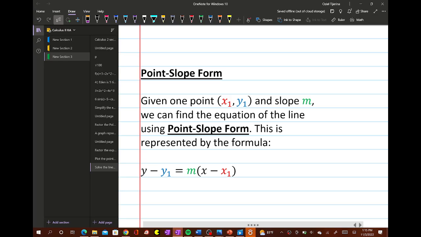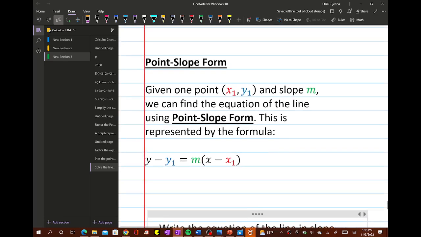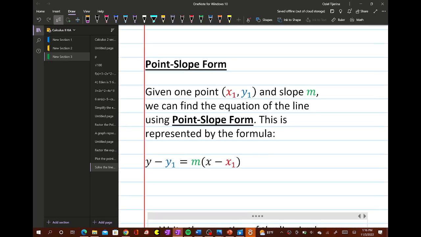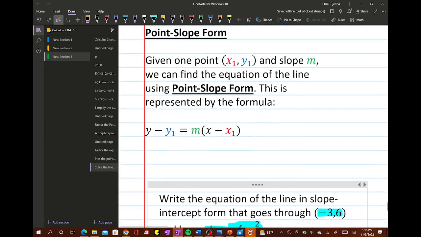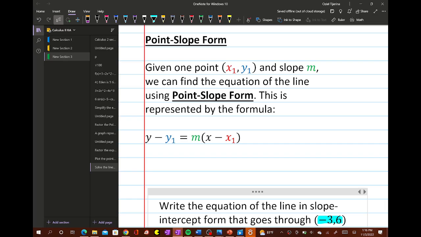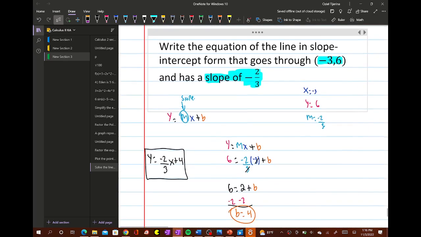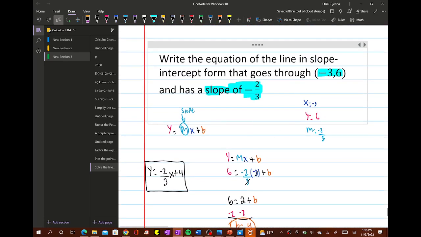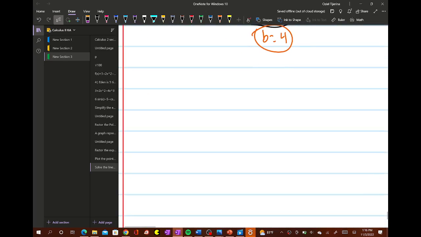The formula is y minus y1 equals m times x minus x1, where m is the slope and (x1, y1) is the point. So let's write down the formula.